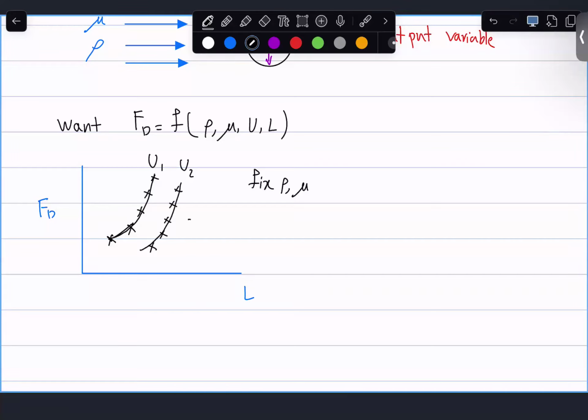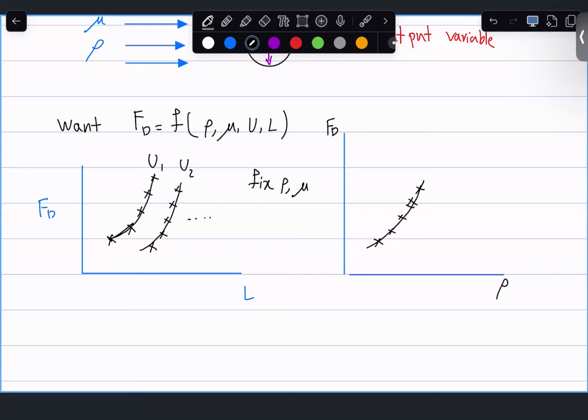And I have to keep doing this, and this will just tell me how FD depends on L. Now I have to change, let's say, rho. Again, I don't know what it will look like. Maybe something like this. You're going to get a curvature.